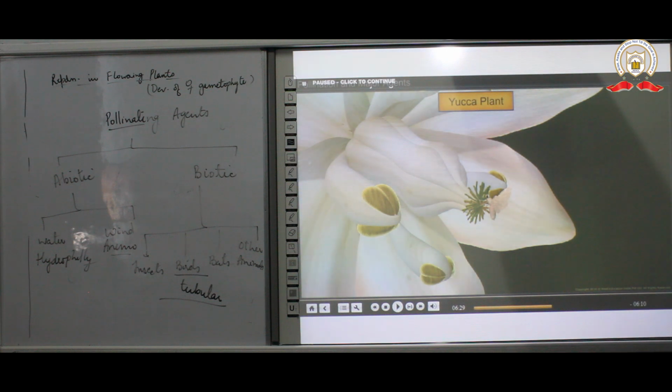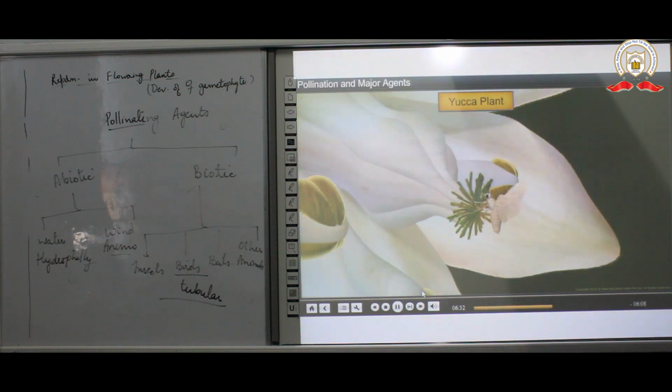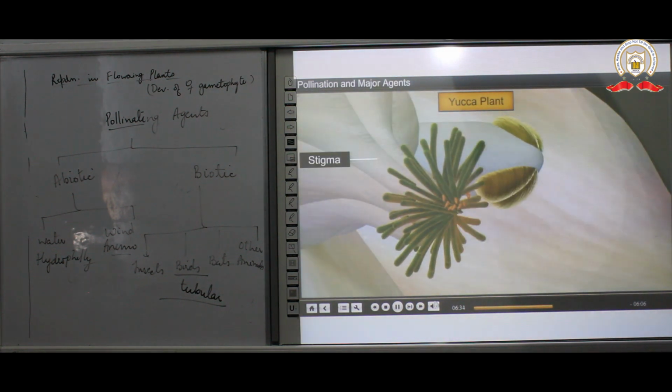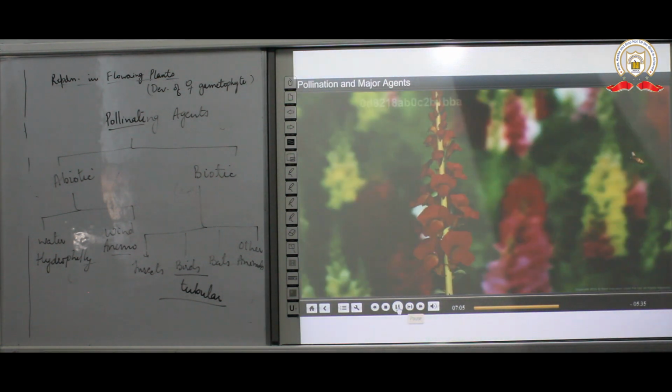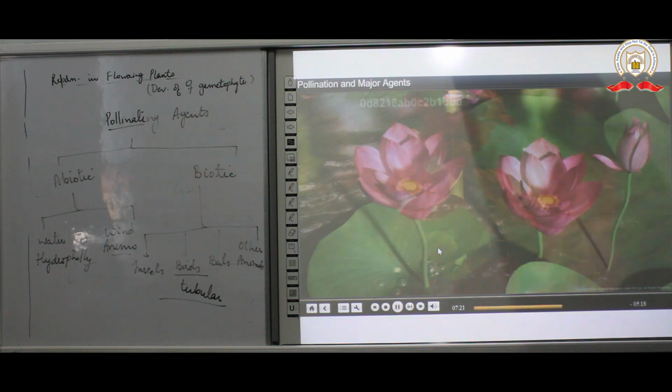So these are the important relationships which these plants show, so that they ensure they are always very well pollinated. You can see that there are different types of relationships observed in such flowers.